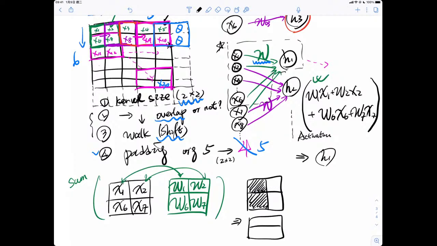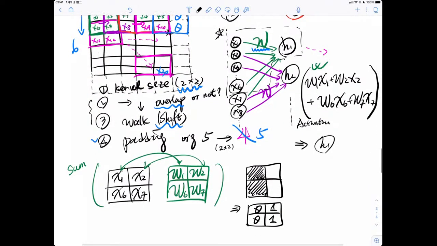If the image looks like this, the left top pixel and the left bottom pixel are black, and usually the value 0 is black and 1 is white.